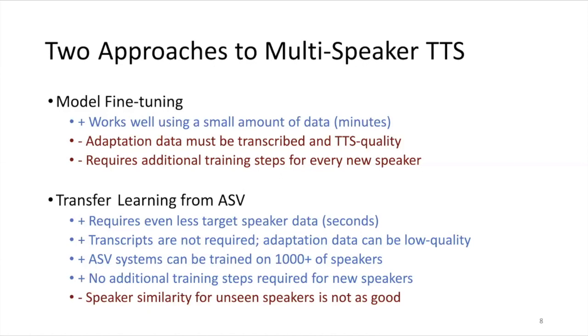Basically, you use a separately trained ASV system, and the system can be trained on thousands and thousands of speakers, so you can get a really nice representation of the speaker space that's separate. And then no additional training steps for TTS are required for new speakers.